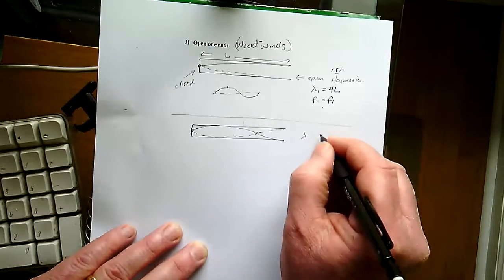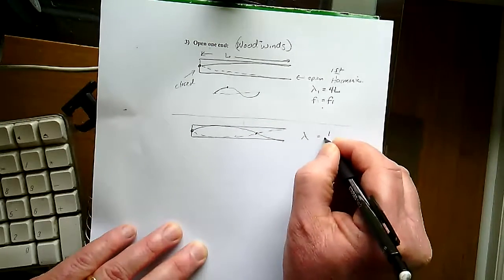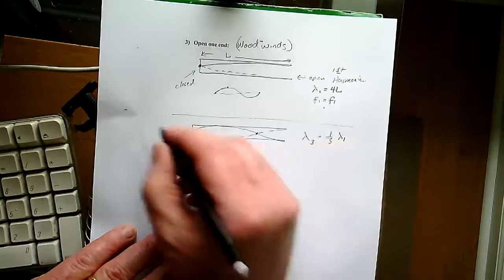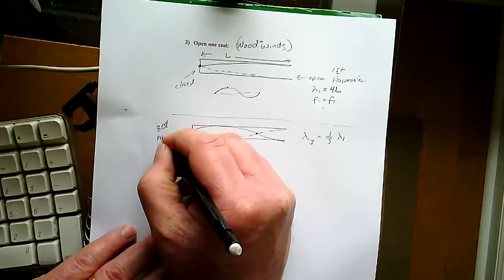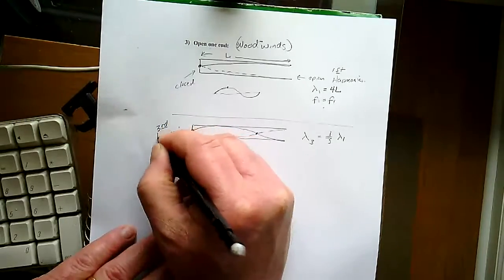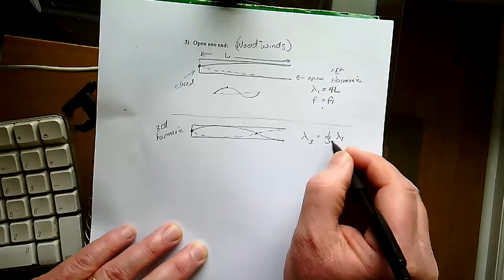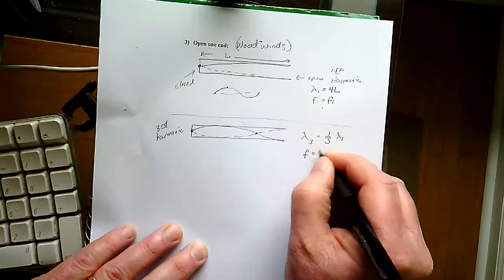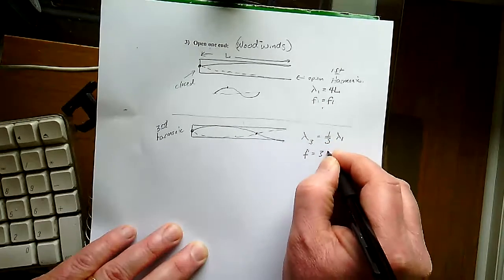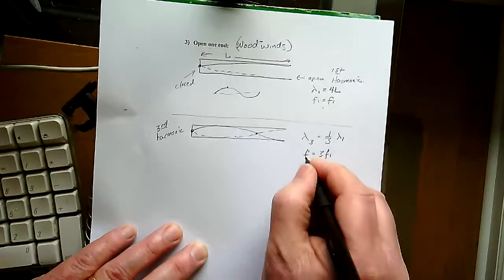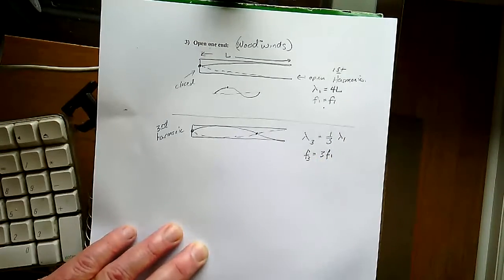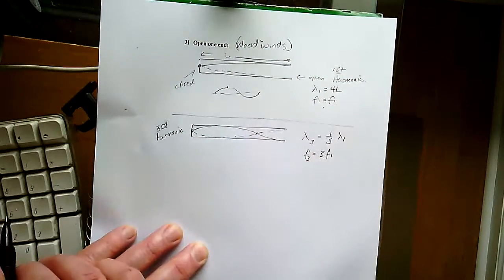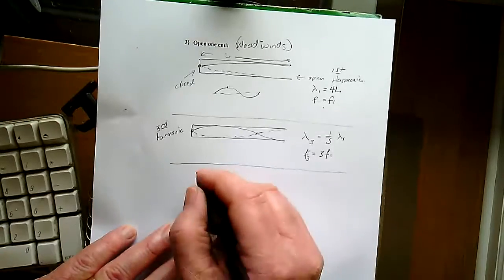So the wavelength of this one is going to be 1/3 of wavelength 1. This is actually the third harmonic because of that 1/3 feature, and there is no second harmonic. The frequency for this one is going to be 3 times the fundamental frequency. So that's why it's called the third harmonic. Even though it's the second one that's generated, it's considered the third harmonic because the frequency is 3 times as big.